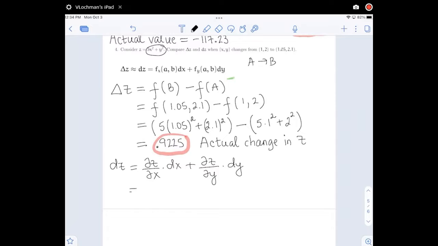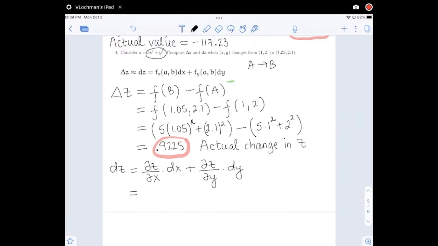So what do we have here? What is my partial with respect to x? It's going to be 10x. What was the change in x? The change in x was 0.05. We went from 1 to 1.05, so that's 0.05 here.